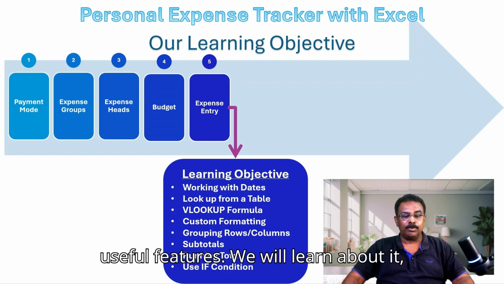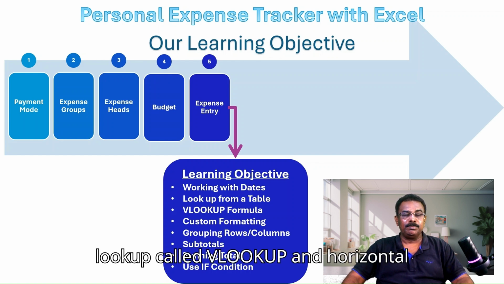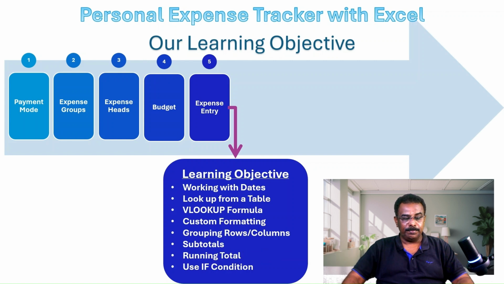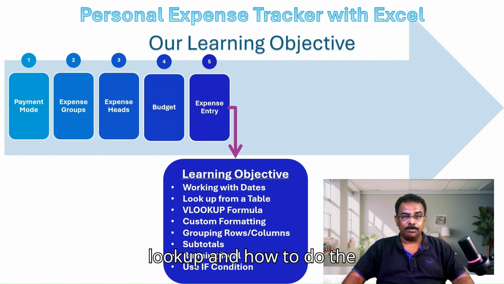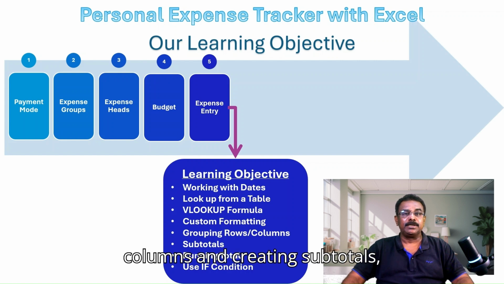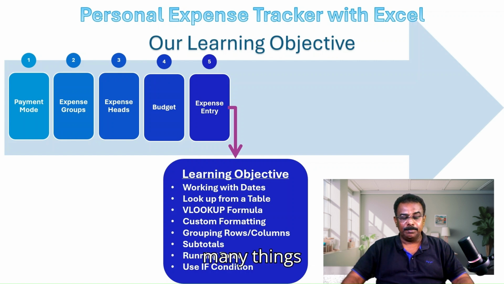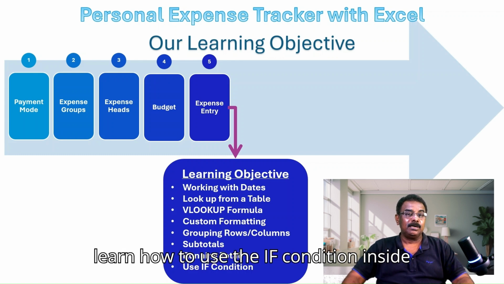We will learn how to use lookup, vertical lookup called VLOOKUP, and horizontal lookup called HLOOKUP, and how to use formulas inside the lookup, and how to do custom formatting and grouping of rows, columns, and creating subtotals, many things. And one important thing is we'll learn how to use the IF condition inside the formula.